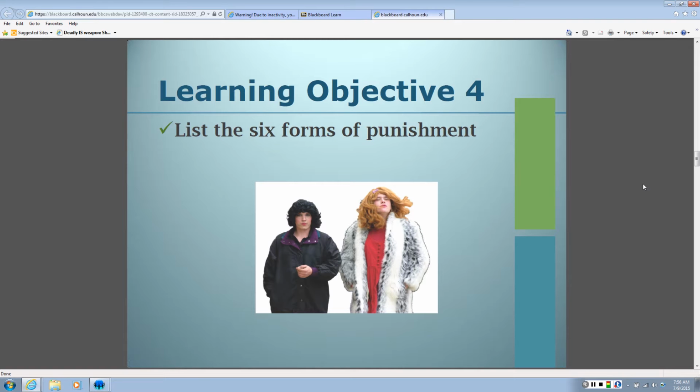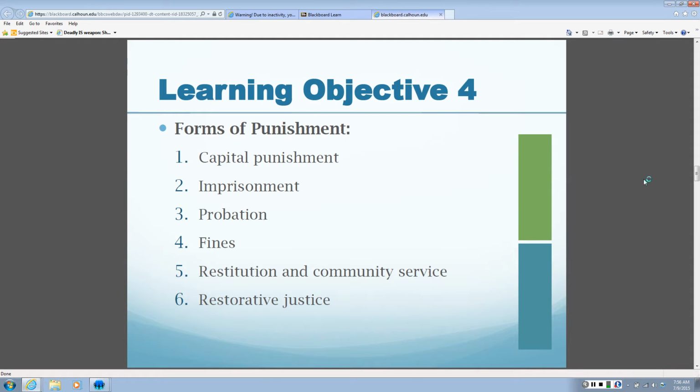So let's talk here about Learning Objective 4, the 6 forms of punishment. Capital punishment, of course, that is the death penalty. Imprisonment, going to prison. Probation. Many people get probation and parole confused.